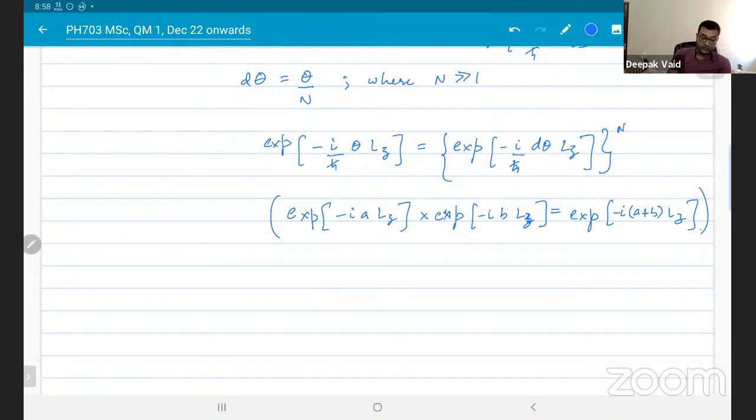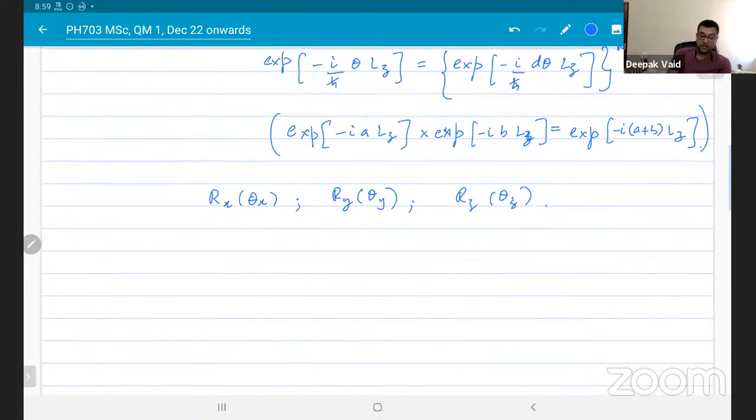So I can generate any finite rotation in this way. What about Lx and Ly? Similarly, if I want to generate a rotation around y by some angle, I will use Rx with theta x, Ry with theta y, Rz with theta z. So how do I create a general element?